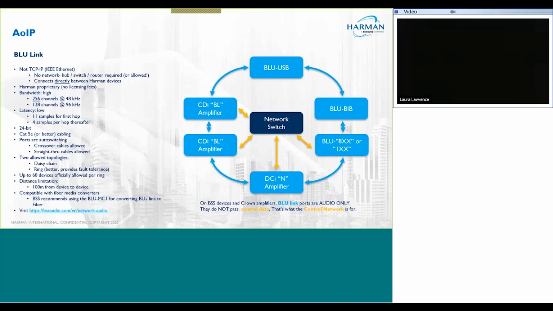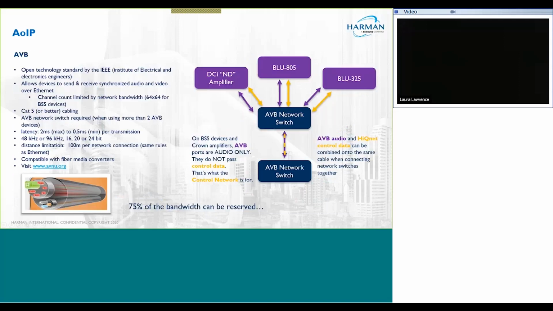Another advantage here of BLU Link is the high channel count. With other implementations, and I think we saw this on the previous page with the BSS Harman implementations, you notice that we only allocate 64 channels in each direction. Again, this is the limitation from Harman.